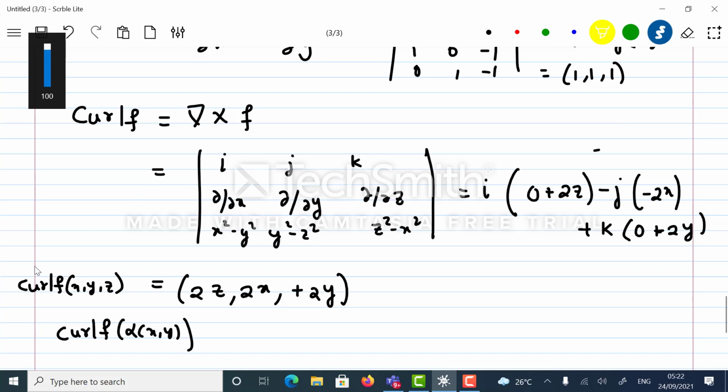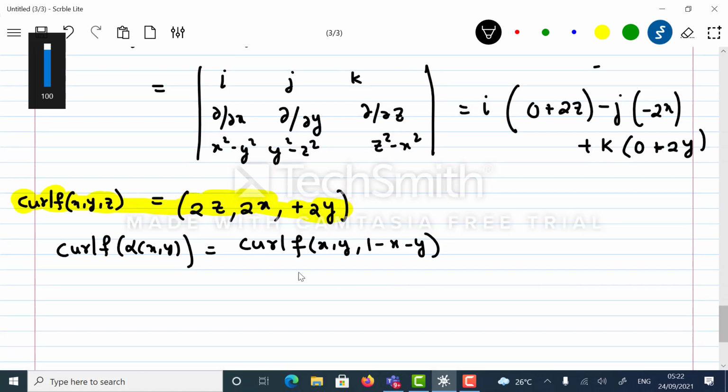Now we want to find curl f at alpha(x, y). So how will I do this? We'll first write down x, y, and z is 1 minus x minus y, and then apply the curl f definition. This is my x, this is my y, and this is my z.